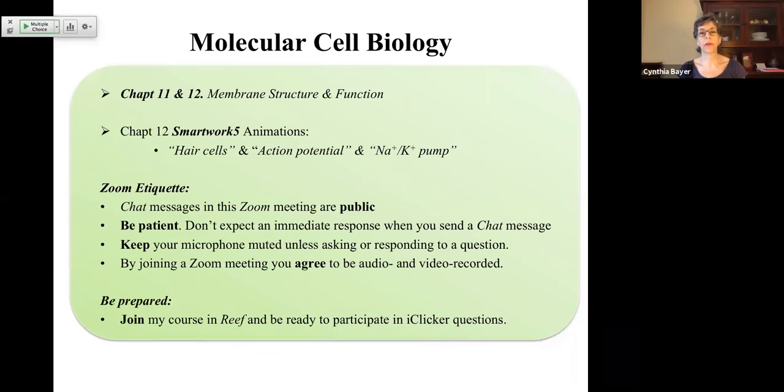But I'd like to bring your attention to at least 3 of them in chapter 12 in the SmartWorks animations: microscopic video of auditory hair cells that we're going to talk about today, a nice animation of the action potential along an axon, and a nice animation on the function of the sodium potassium pump.